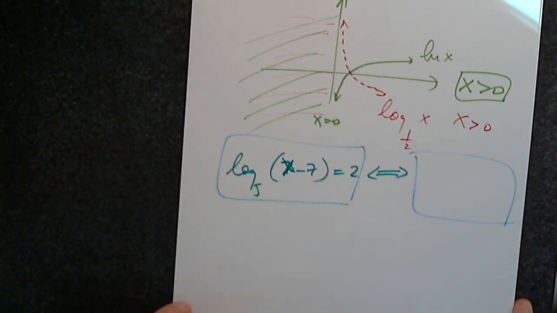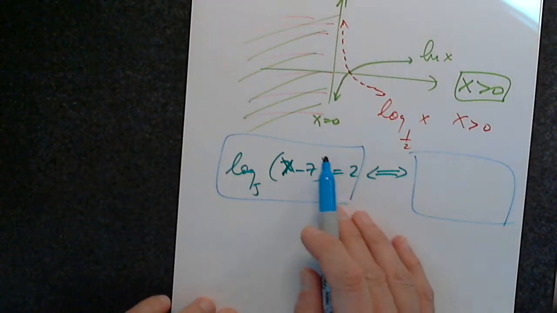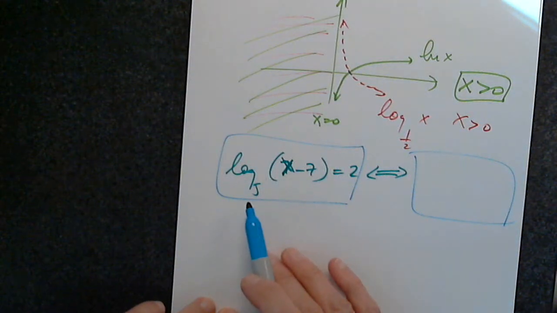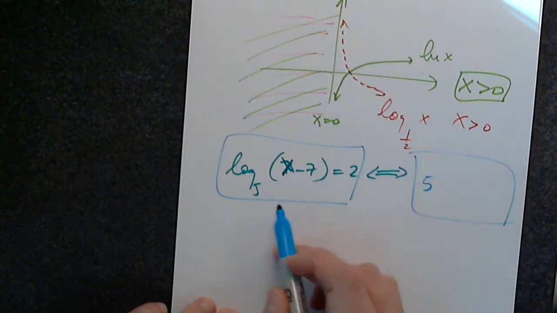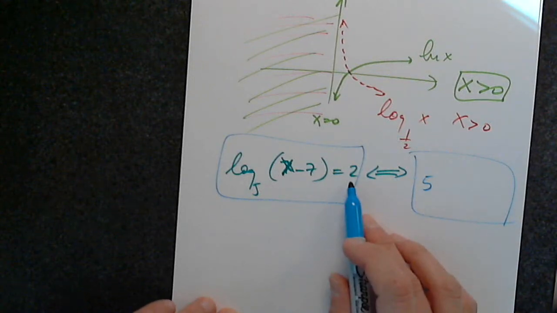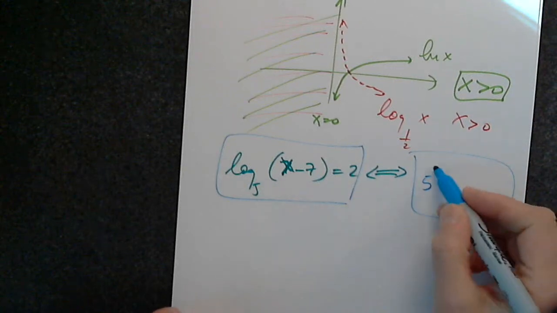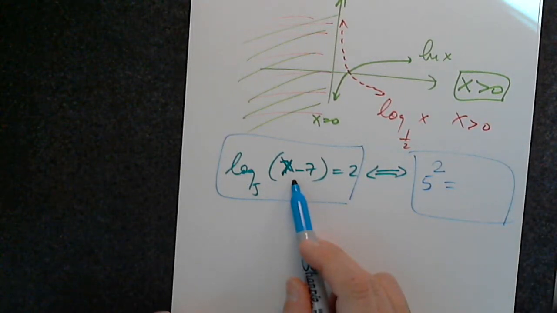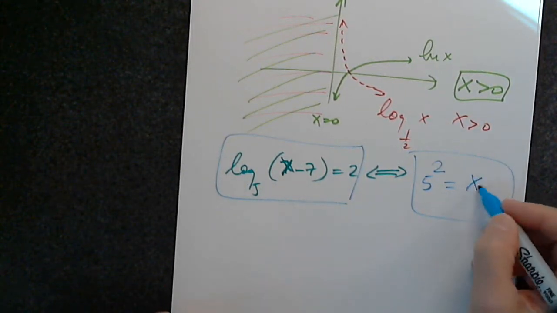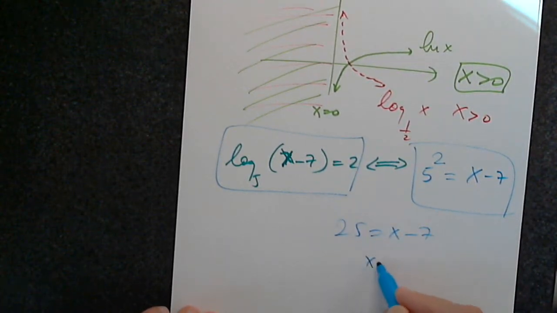We always start with a base, and we go counterclockwise. 5 raised to, not multiplied, 5 raised to the second power equals x minus 7. Awesome. So then 25 equals x minus 7, so x equals 32.